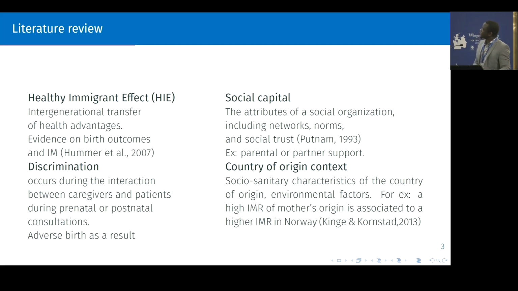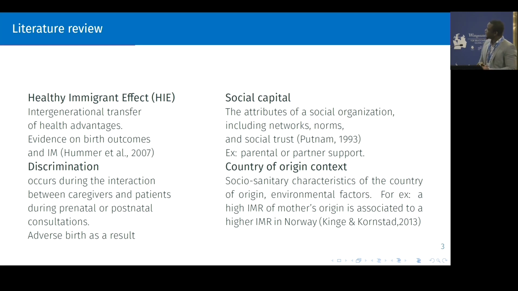Many researchers have studied the health of immigrants and that of their children, and some theories have been studied. We will focus on 4 theories. The first one is the healthy immigrant effect.